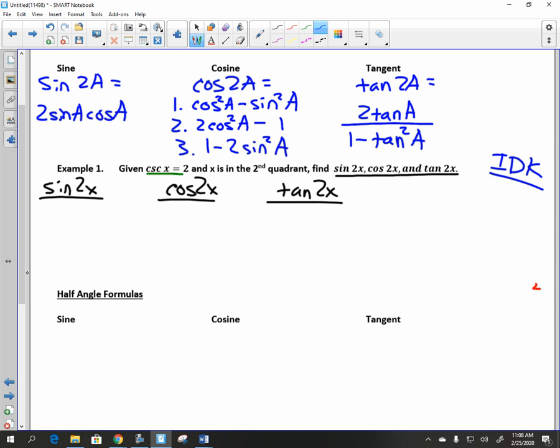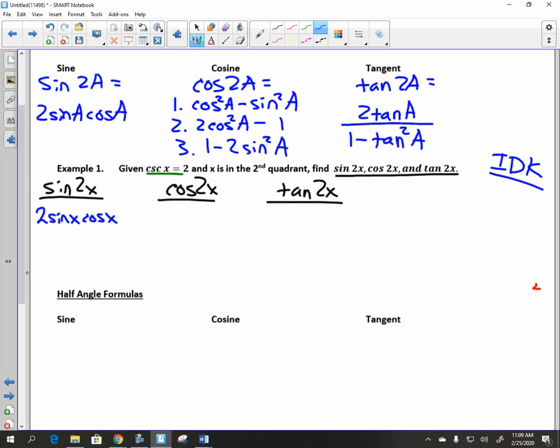I have a formula for sine of 2x. What is my formula for sine of 2x? Yep, 2 sine of x, cosine of x. So being the angle is expressed as x, I'm going to use x instead of A. It's just a variable. So if only I knew sine and cosine.